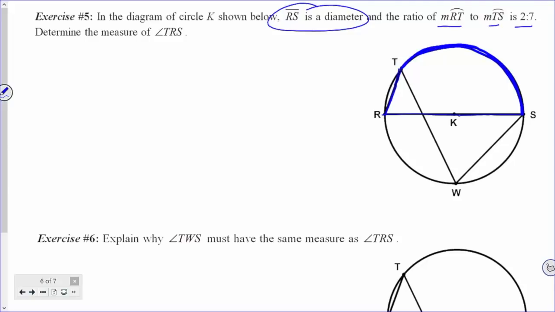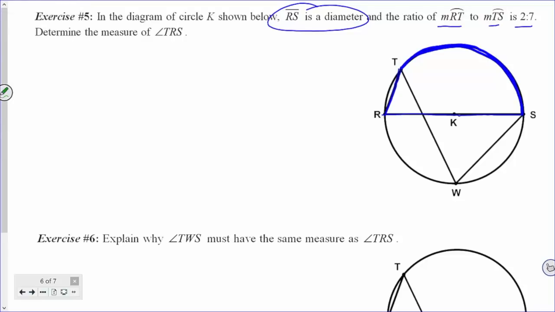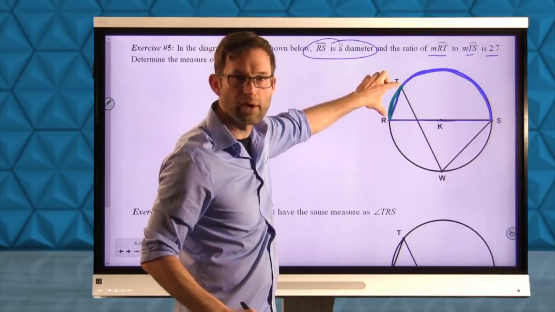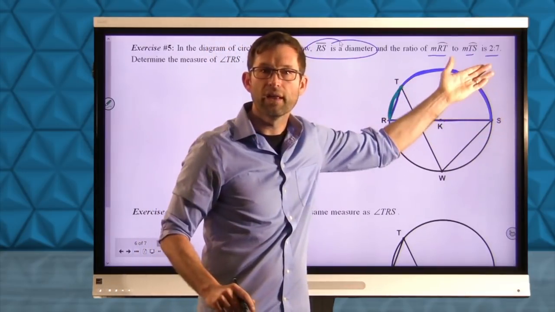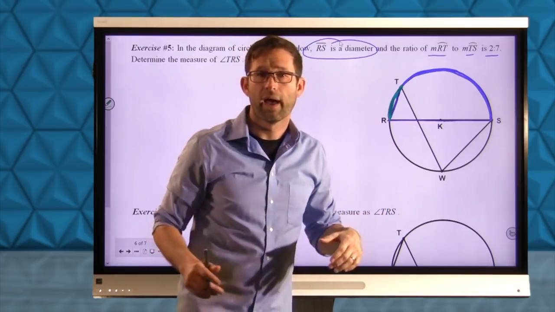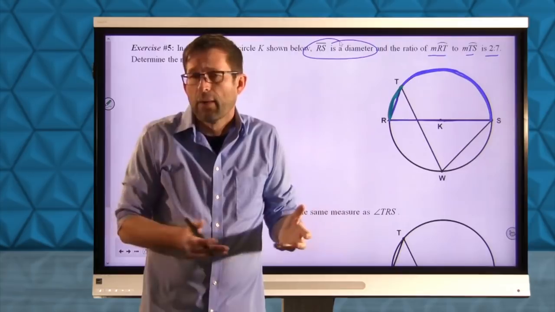Now, what I was told though, is a ratio between the measure of arc RT and the measure of arc TS. I was told that the ratio of the measure of this arc to this arc is 2:7. All right? So if I had like 20 degrees, 70 degrees, right, then that would be 2:7.